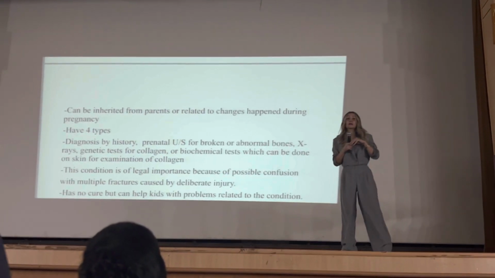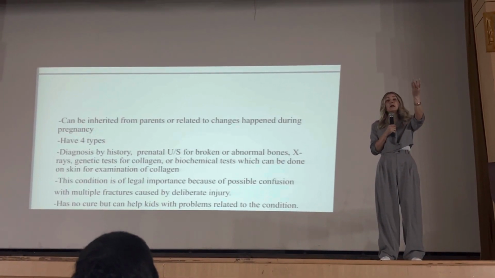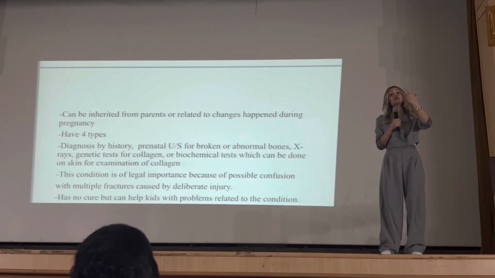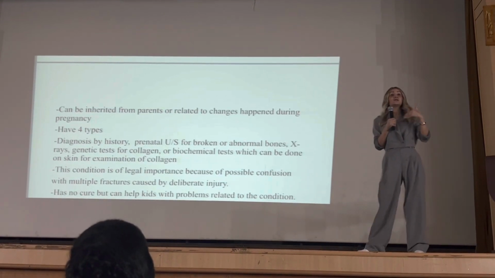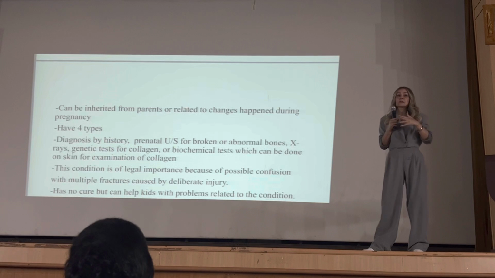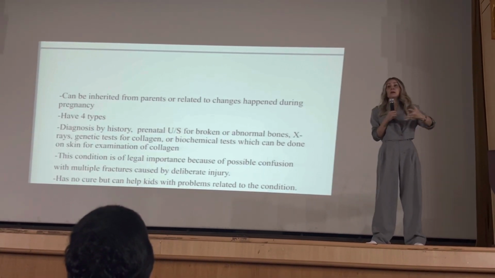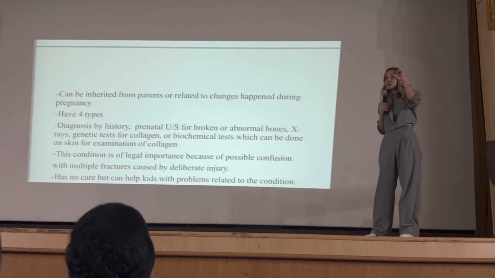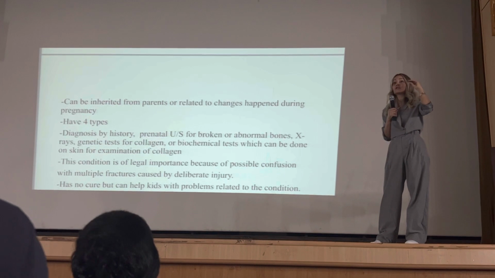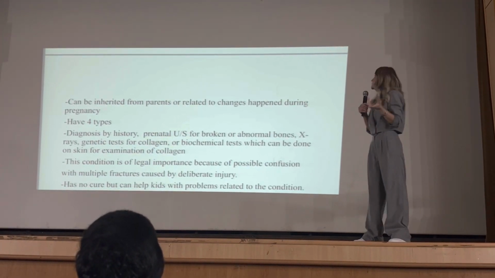Either there is a genetic mutation from a parent who has osteogenesis imperfecta, or a change during pregnancy, such as a teratogenic effect like a drug or virus, which will affect the specific gene controlling type 1 collagen and lead to osteogenesis imperfecta.